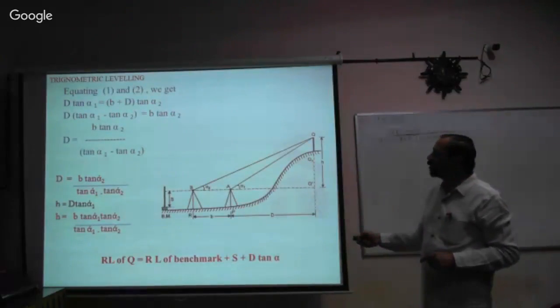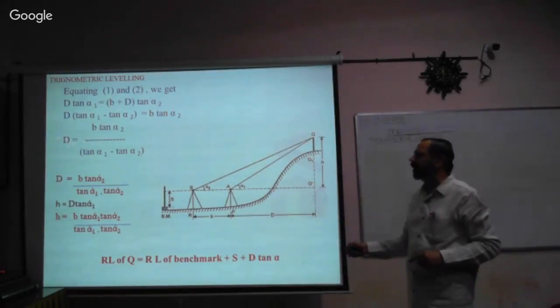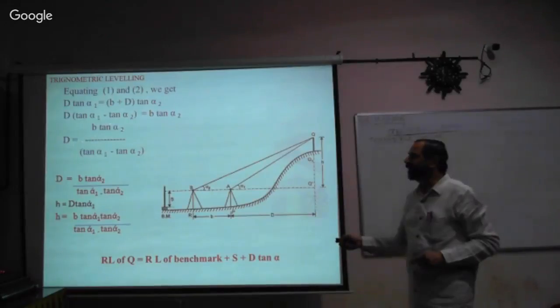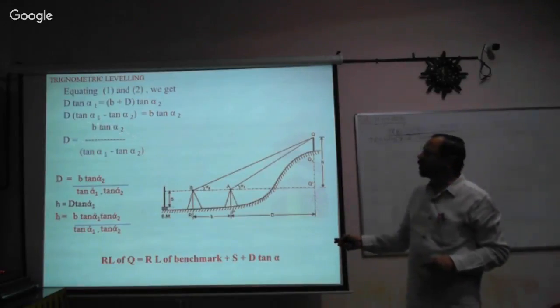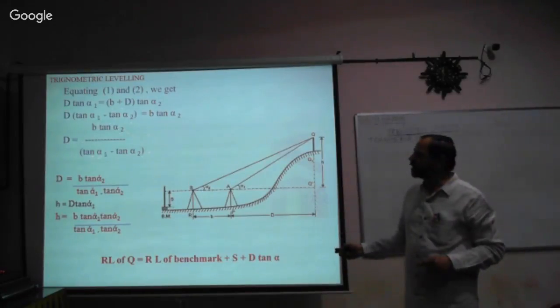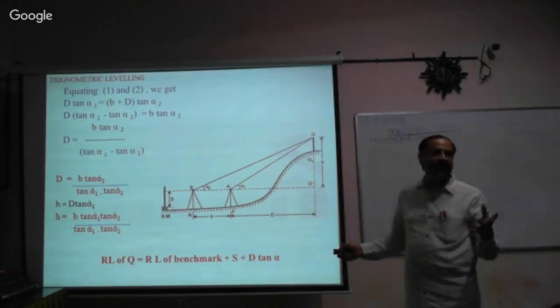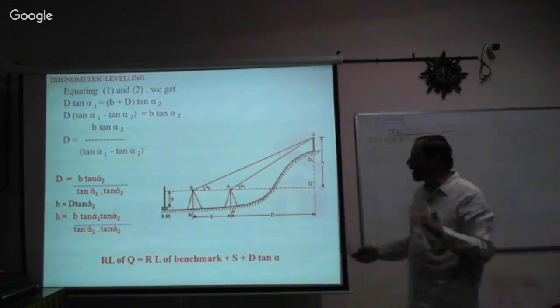When equating these two and simplifying, we are going to get D is equal to B tan alpha 2 divided by, then our problem is solved, isn't it?